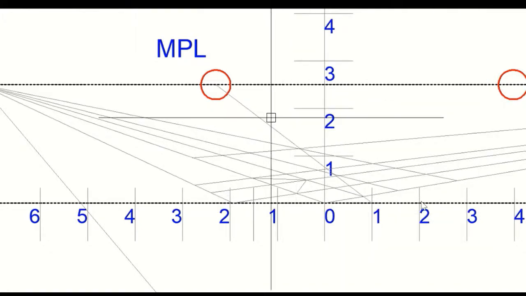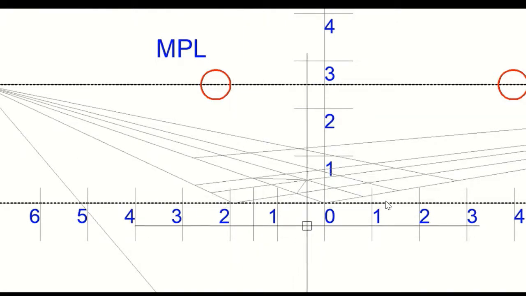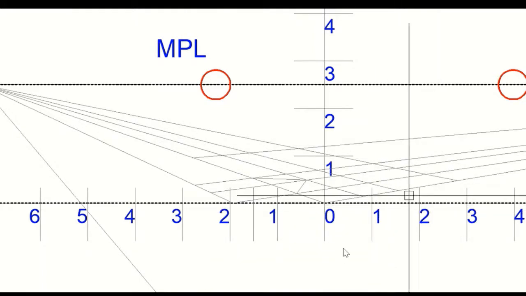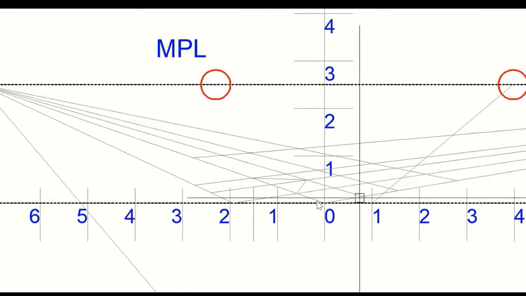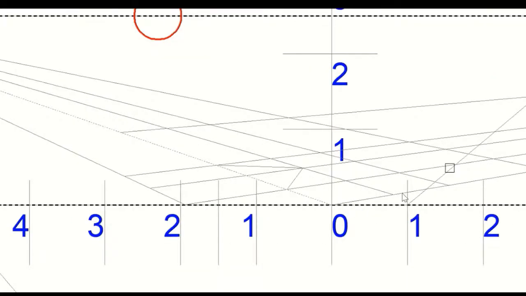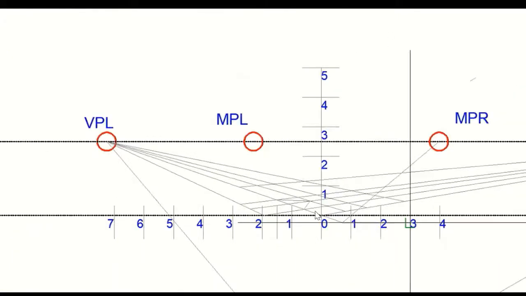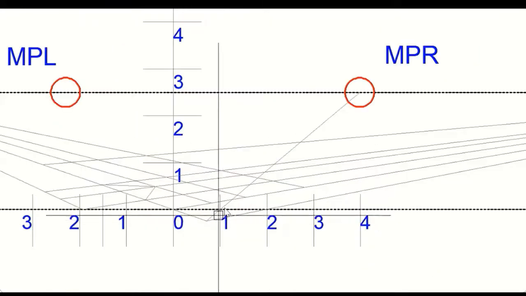Then again I have to mark 1 meter from this point. So I have taken this point and joined it with a measuring point. So I've got this length as 1 meter out from the picture plane.